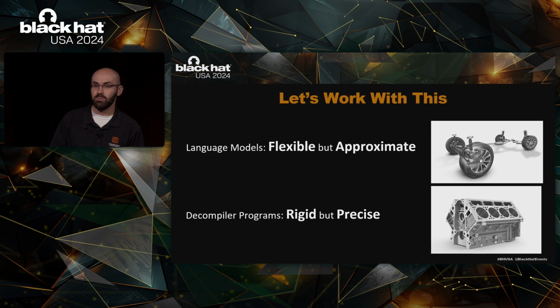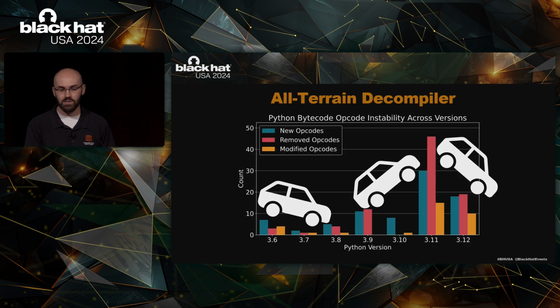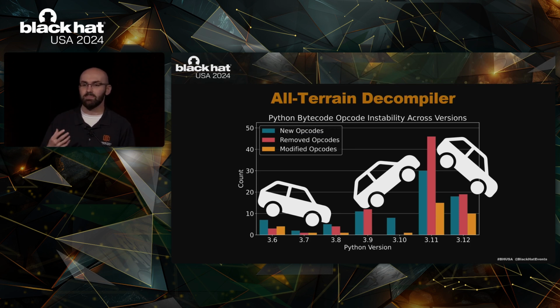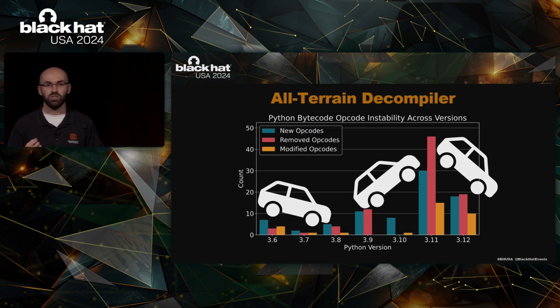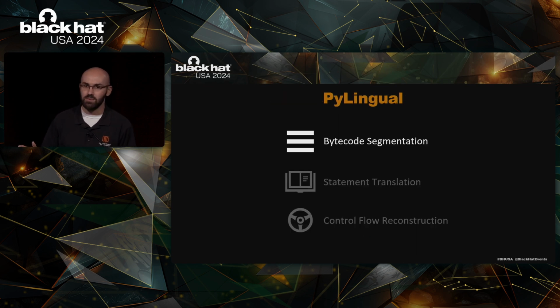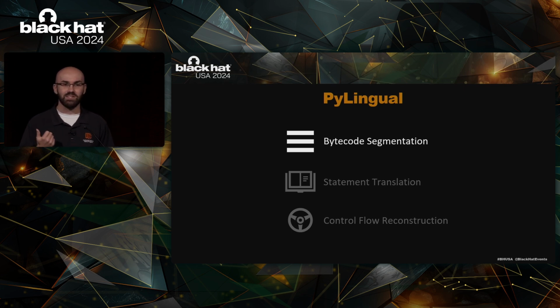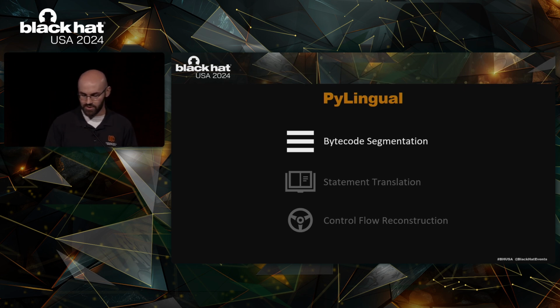They're rigid and they're precise. Combining these ideas, we can make an all-terrain decompiler that naturally adapts to superficial or surface-level changes in the bytecode specification. And so I introduced PyLingual, a neural decompilation framework for Python bytecode that breaks the decompilation task into 3 components: bytecode segmentation, statement translation, and control flow reconstruction.